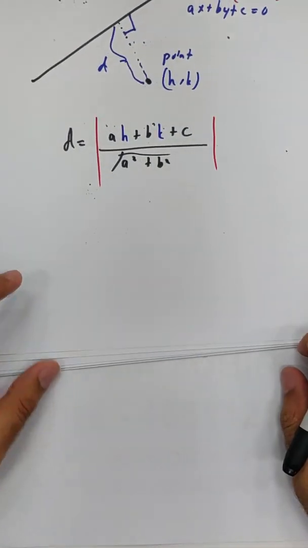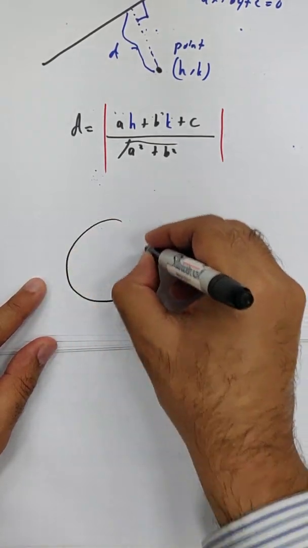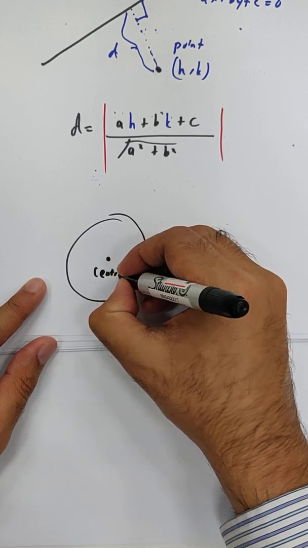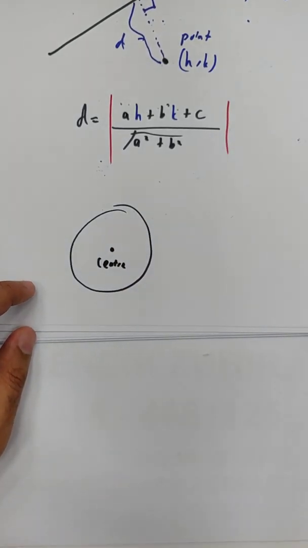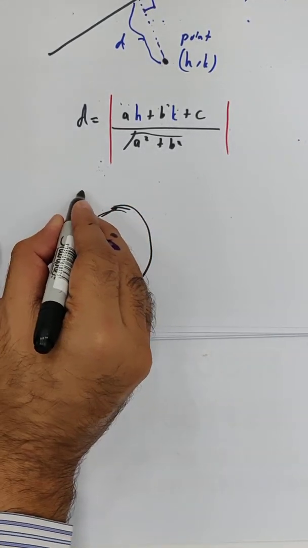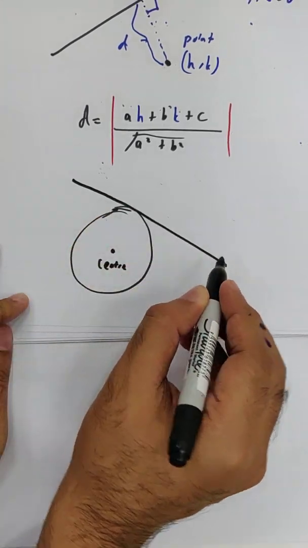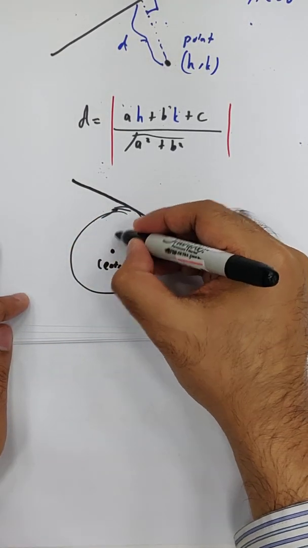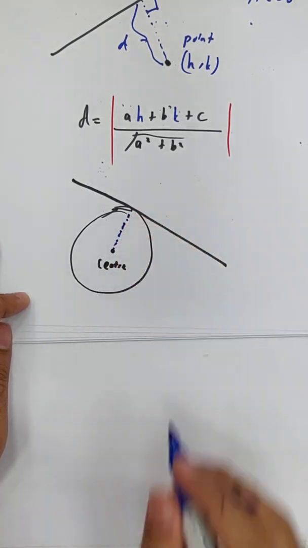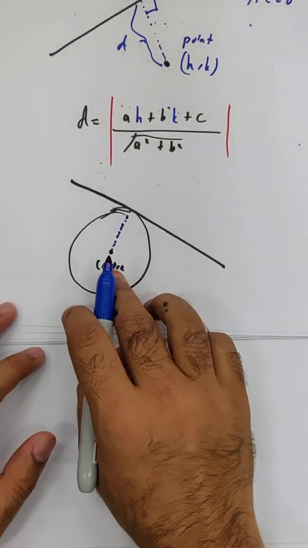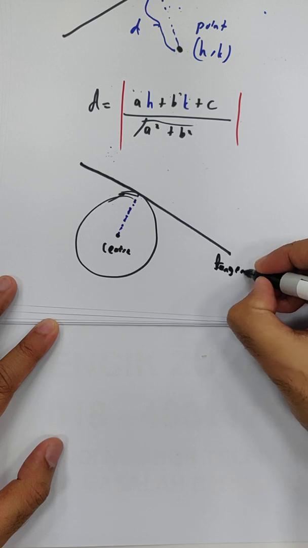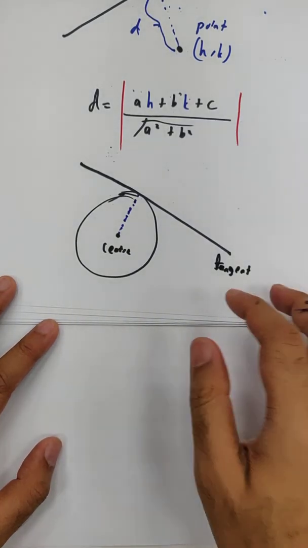I can also say if I give you a circle, and if I give you the center, and let's say there's a tangent line, means you only cross it once, and I want you to find this distance. Okay, let's call that the center. This is a tangent line. So you can apply it.